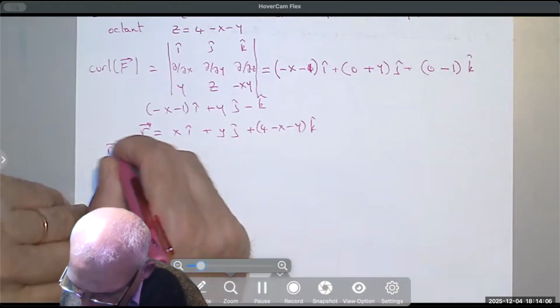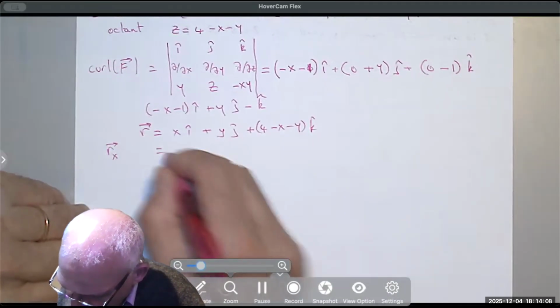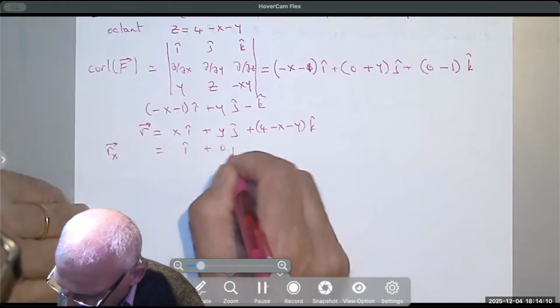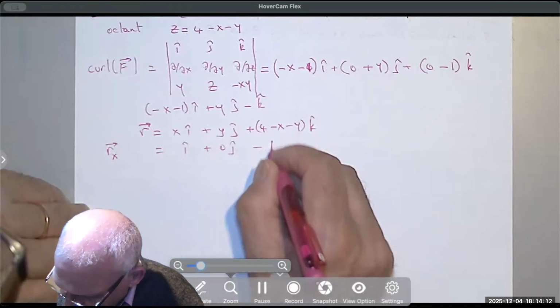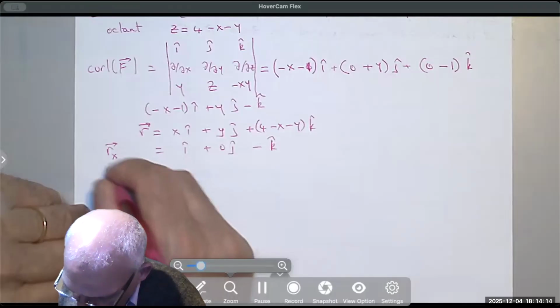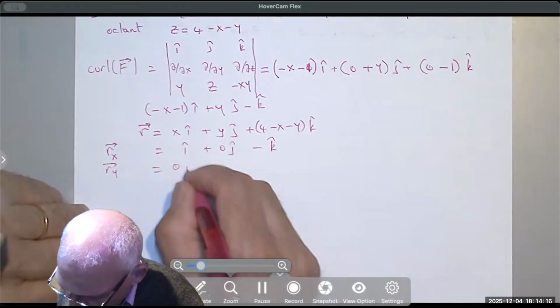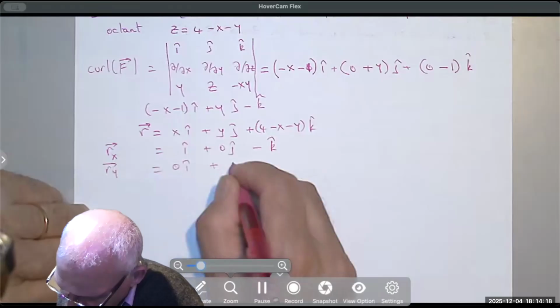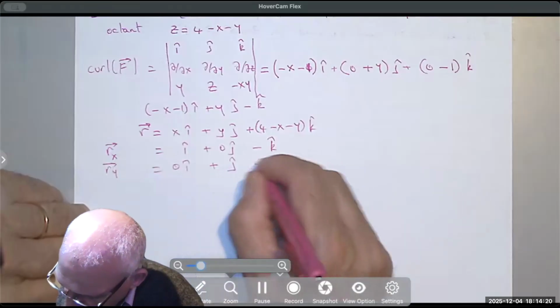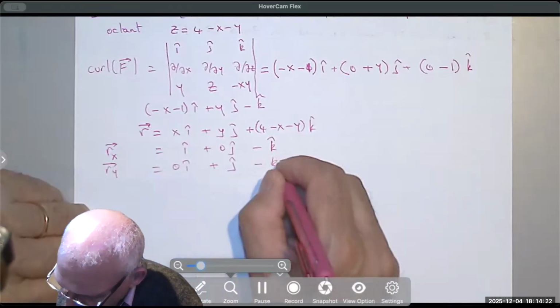So partial r in the x gives me i plus 0j minus k. And ry becomes 0i plus j minus k again.